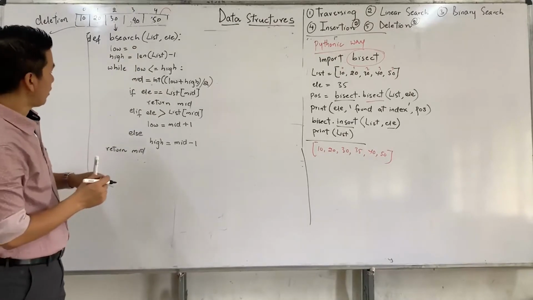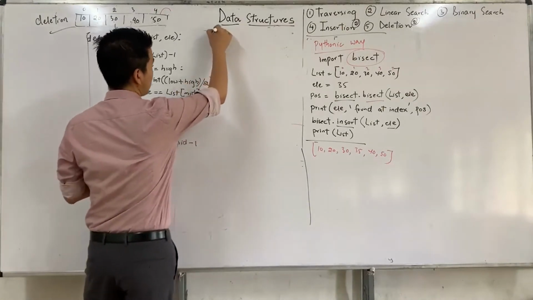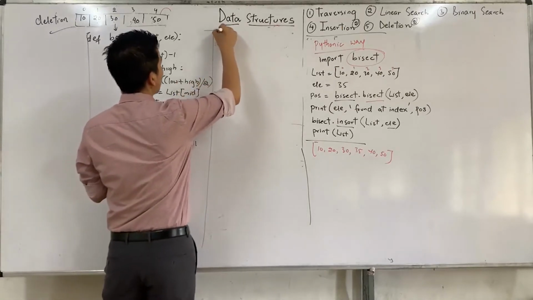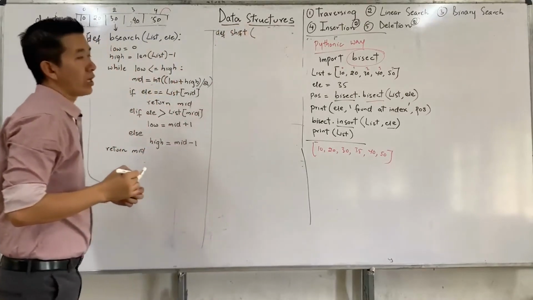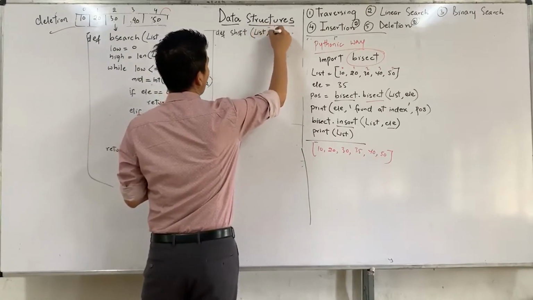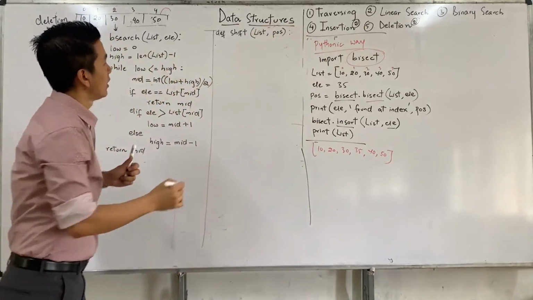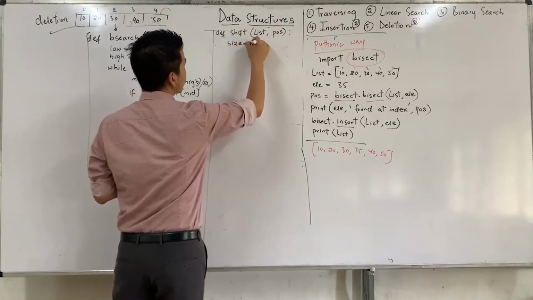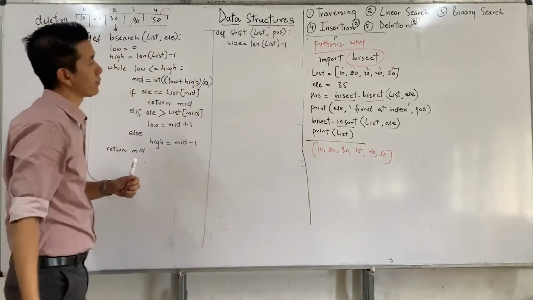Now the next step is, once I manage to find the value of mid, the next important function will be def shift. It'll be receiving two arguments: the first one is a list, and then the position. And then you will have size equal to the length of list minus 1.